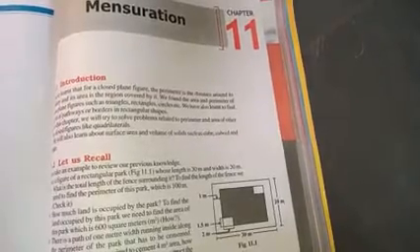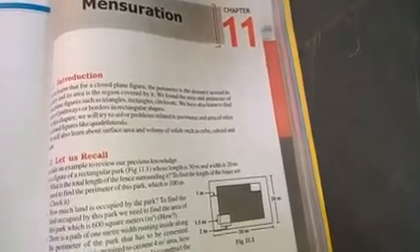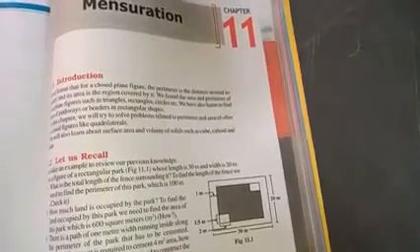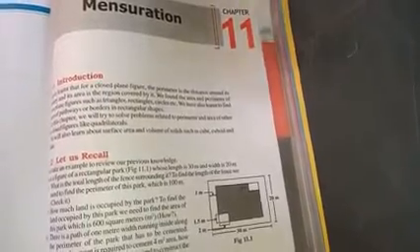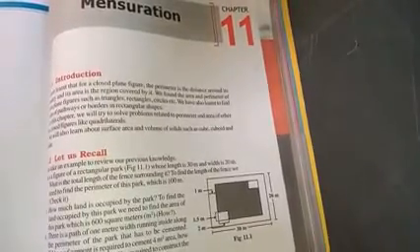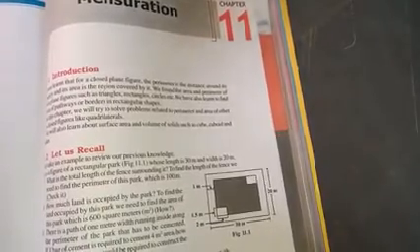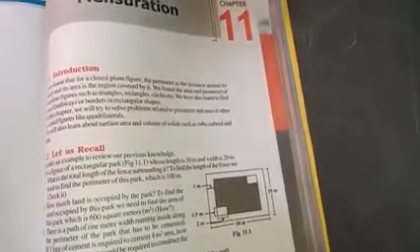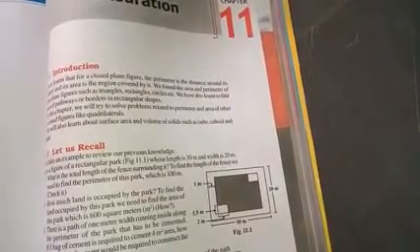Already you have studied plane figures like quadrilaterals. In quadrilaterals, many types are there: one is rectangle, second is parallelogram, third is rhombus, fourth is kite, fifth is square, and sixth is trapezium. These are some types of quadrilaterals.